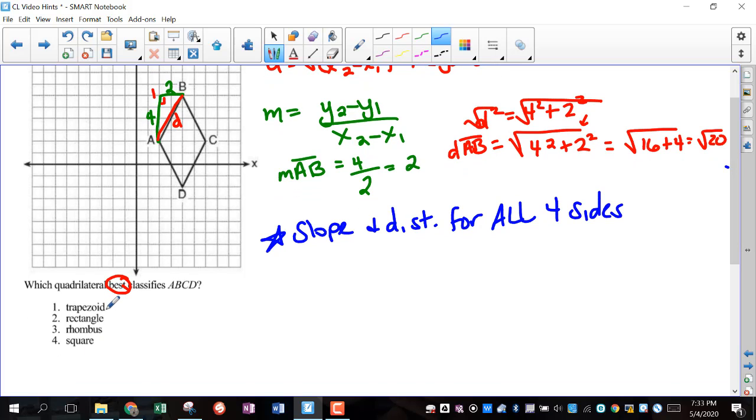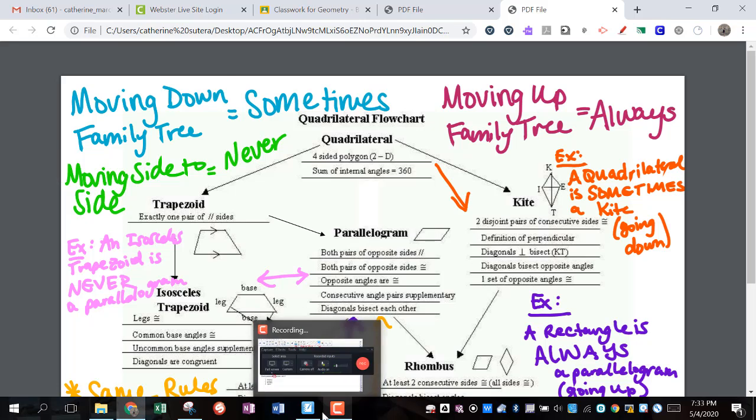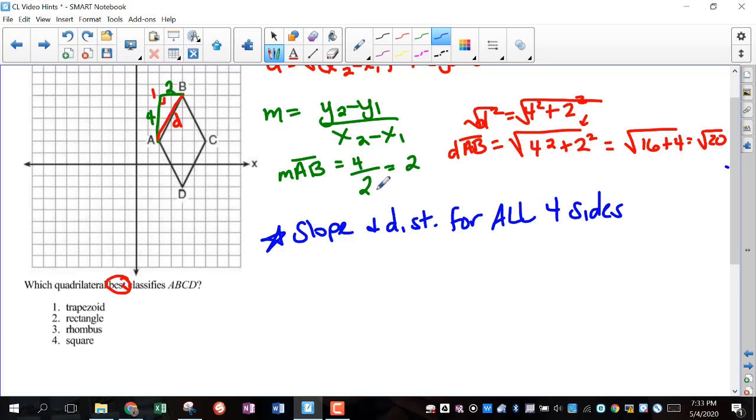So if I'm looking at the properties of a trapezoid, which you can pull up here, it says exactly one pair of parallel sides. So if I have exactly one pair of parallel sides, which I would be able to tell from my slope, right? Parallel lines have equal slopes, then it's possibly a trapezoid.